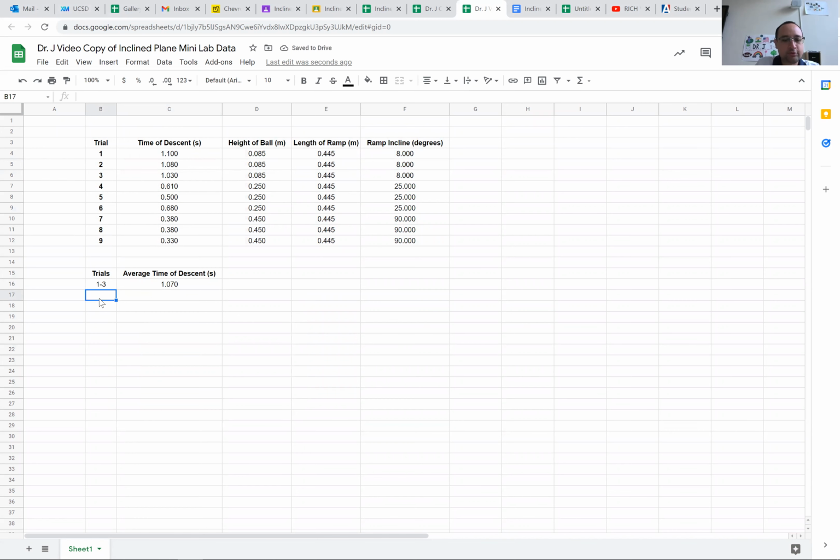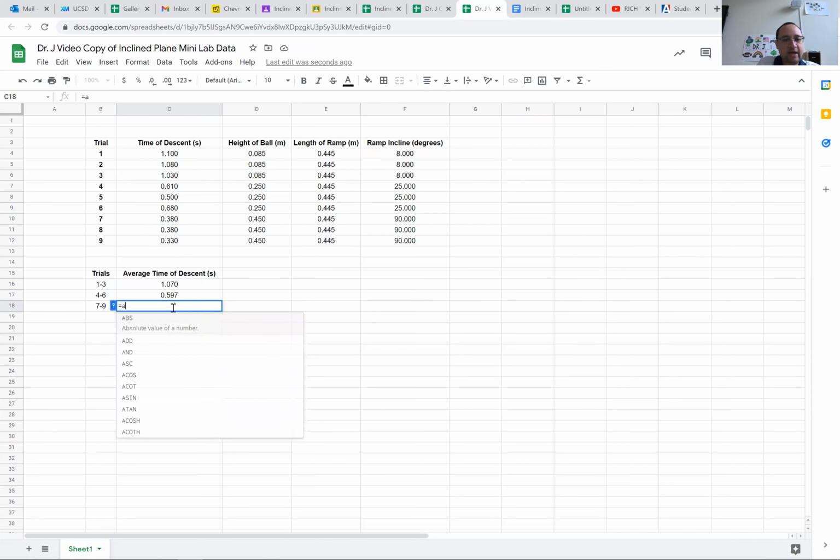And now I'm going to go through for trials 4 through 6, okay? And trials 4 through 6 are in these cells, C7 through C9, so equals average, C7 colon C9, boom. And then lastly, trials 7 through 9, which are C10 through C12.